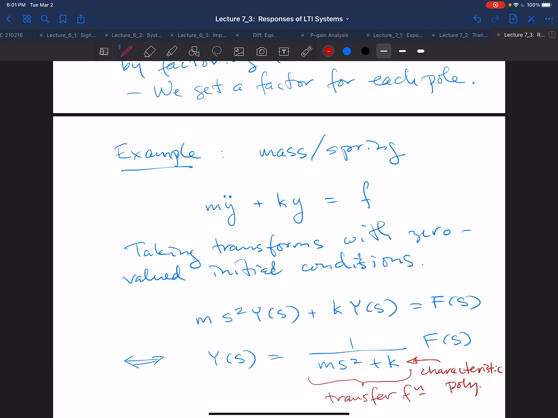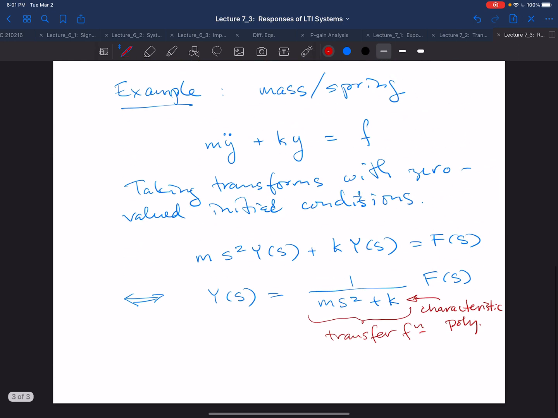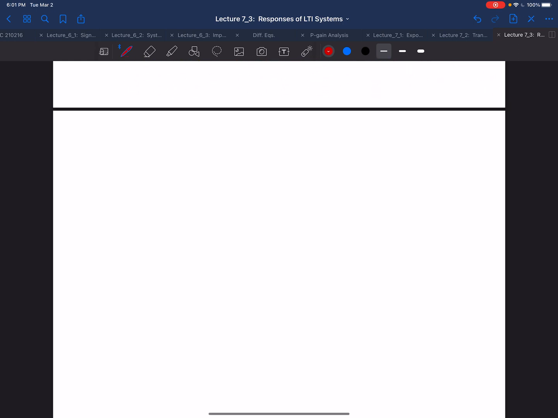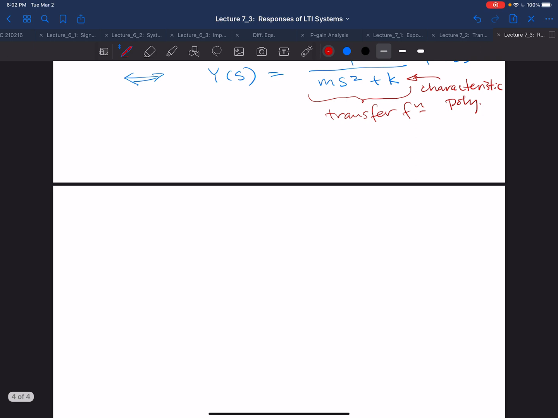We factor the characteristic polynomial. According to the roots, we're getting a different factor for every pole, and that way each pole will contribute a term to the response of the system. So for simplicity, suppose we want to find the impulse response.